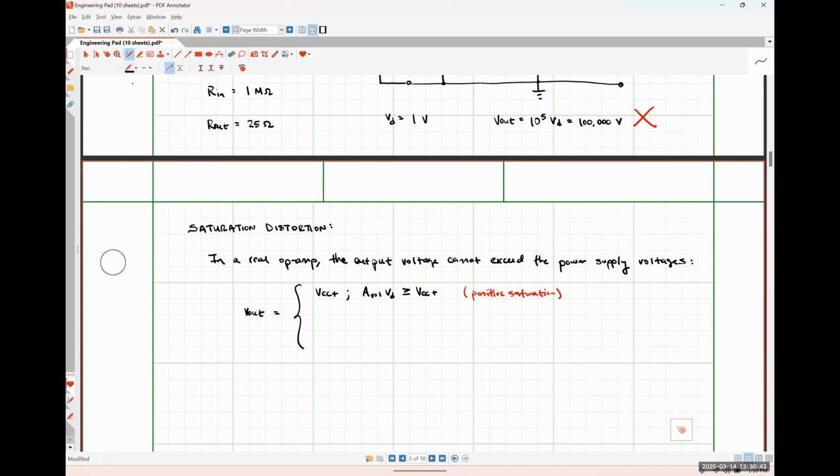On the flip side of things, and just to be clear, I'm going to put something here in the middle in a moment, so make sure you leave space as you're taking down these notes. Our output voltage is going to be VCC minus when AVOL times VD is less than or equal to VCC minus. This is negative saturation.